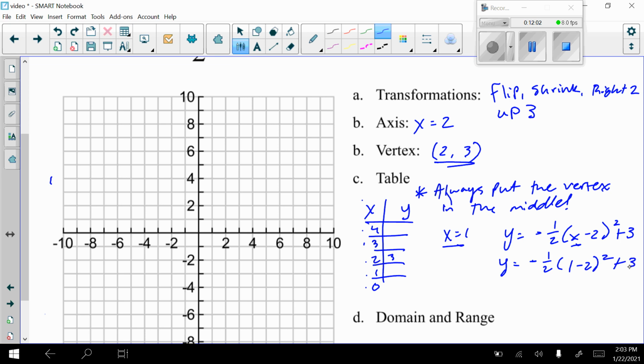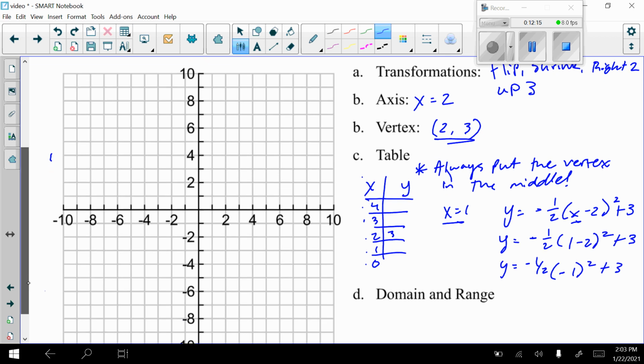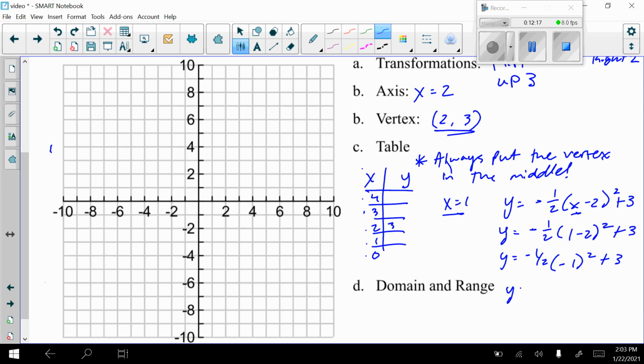Now I'm just going to break this down step by step and figure out what the y value is going to be. So I have to do parentheses first. 1 minus 2 is -1, squared, plus 3. Little by little. (-1) squared is just 1, and -1/2 times 1 is just -1/2.